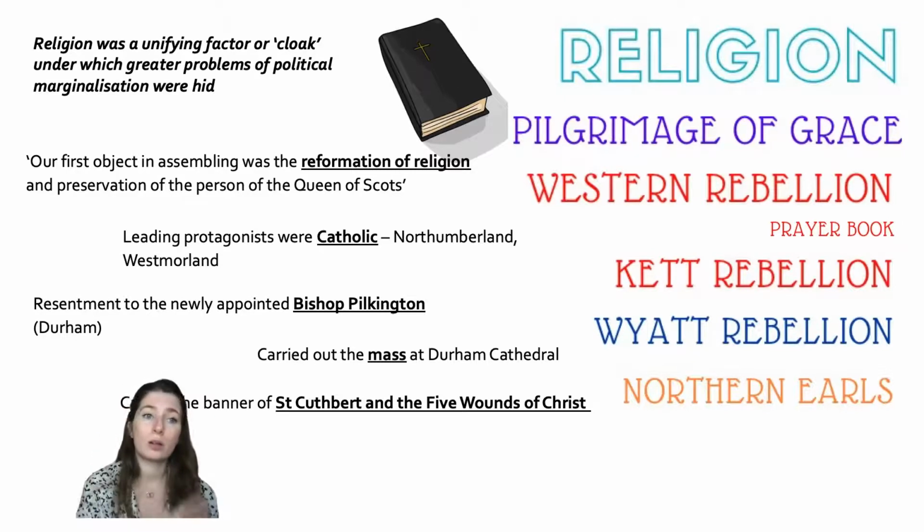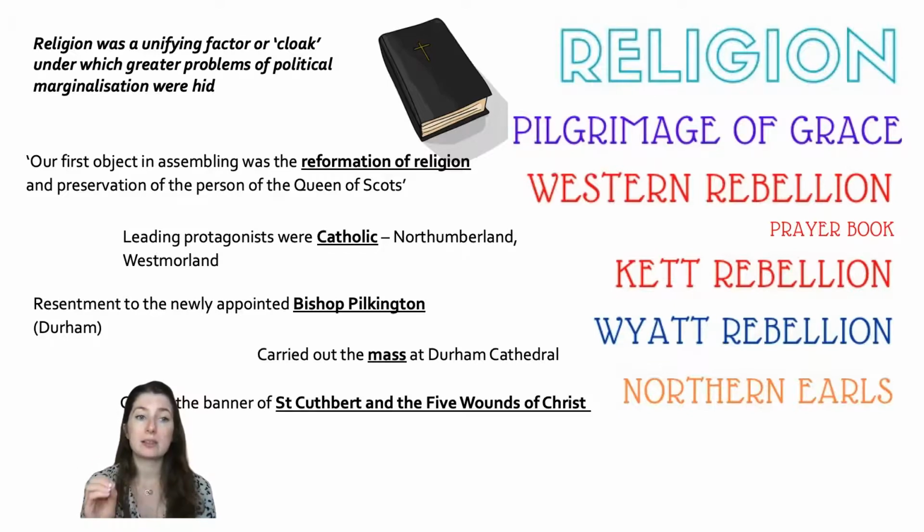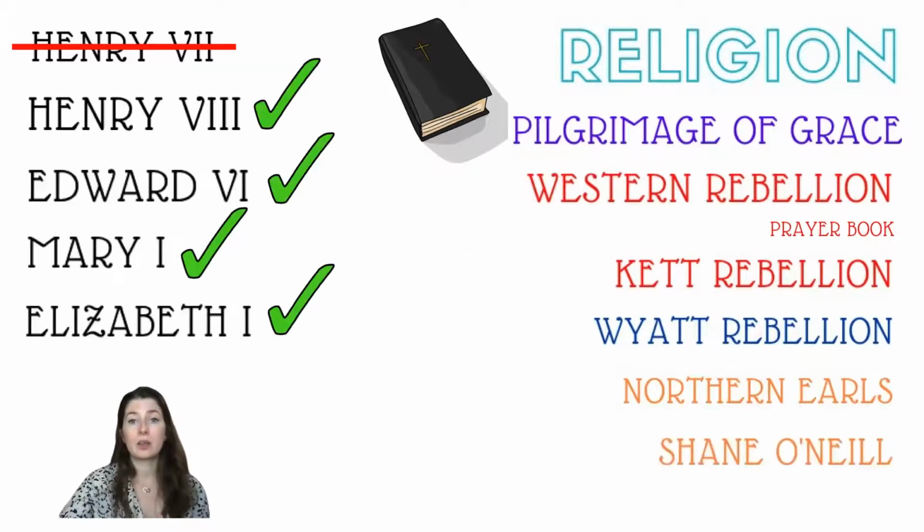And while the point that the leading protagonists were Catholic is absolutely evidence for this rebellion being of religious cause, we can also see it as evidence that it's a factional based rebellion, because the Catholic nobility have been marginalized under Elizabeth's reign due to their faith, and therefore these two issues, the fact they are marginalized and the fact they're Catholic, are interdependent on each other.